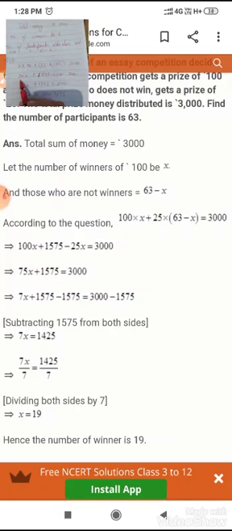In the next line, solving this equation, we get 100x plus 1575 minus 25x is equal to 3000. After solving this equation, we get x is equal to 1425 divided by 75, and our answer is 19.